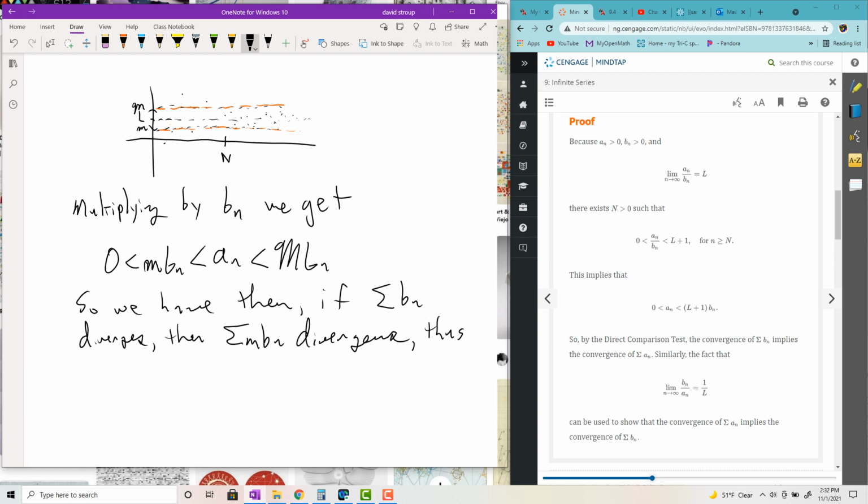Thus, the series with the terms that are bigger than the terms of the series of m b sub n will be forced to diverge by direct comparison. Thus, the series a sub n diverges by direct comparison.